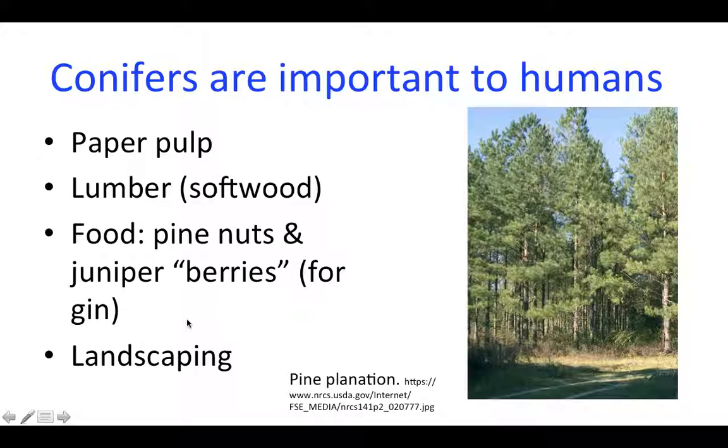On a day-to-day basis, the place where we'll encounter conifers the most is in landscaping. They're useful landscaping trees because they do not lose their leaves, and so if there's somewhere where you want a barricade, a visual barricade or a sound barricade that lasts the entire year, then a conifer is a good choice.